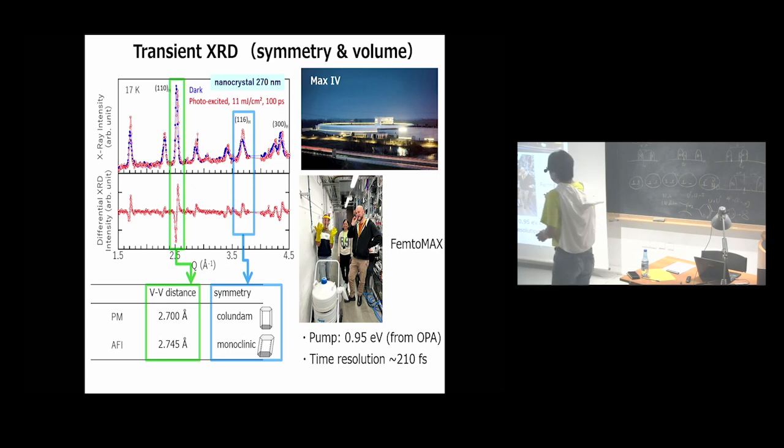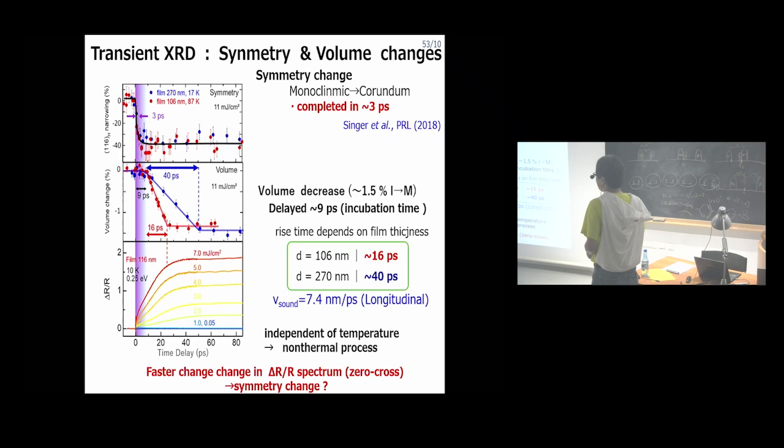And interestingly, the time scales of them are very striking. The symmetry change from the monoclinic to the quantum phase occurs in a few picoseconds. And that is much faster than the volume change.